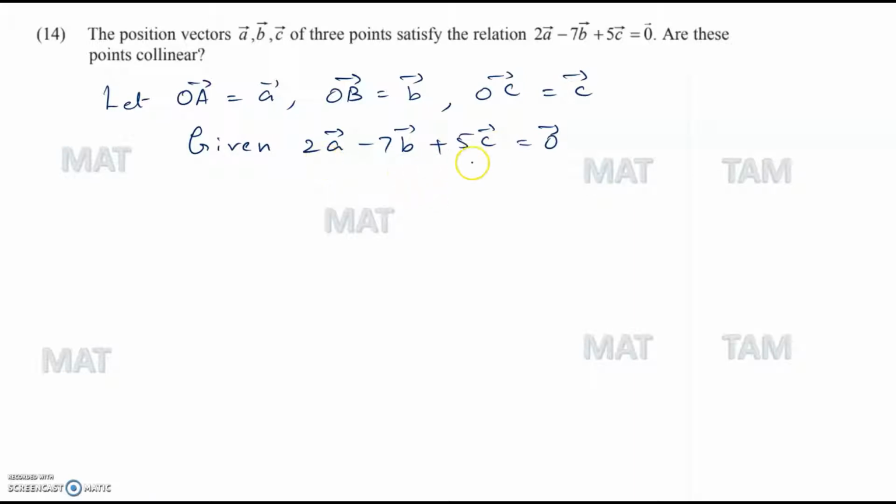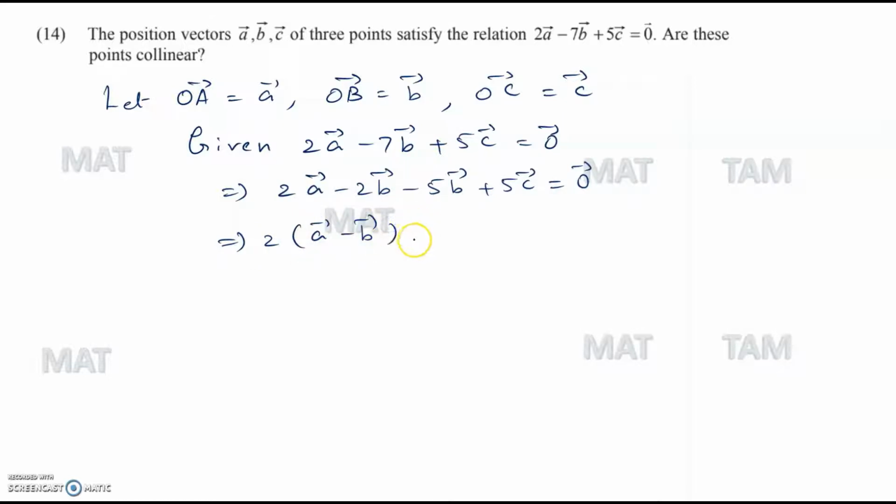Now we can rearrange this as 2a vector minus 2b vector minus 5b vector plus 5c vector is equal to 0 vector. Further taking the 2 out, it is 2 into (a minus b) vector and minus 5 times (b minus c) vector, which is 0 vector.